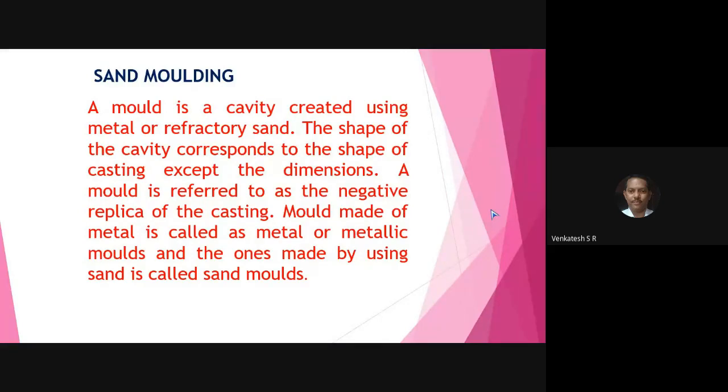For that you have to add additives and some binders so that you can prepare the mold cavity. Afterwards, if you pour the molten metal into the mold cavity, you will have the casting of required size and shape. So this is called the casting, and the casting is produced using the sand molding process.